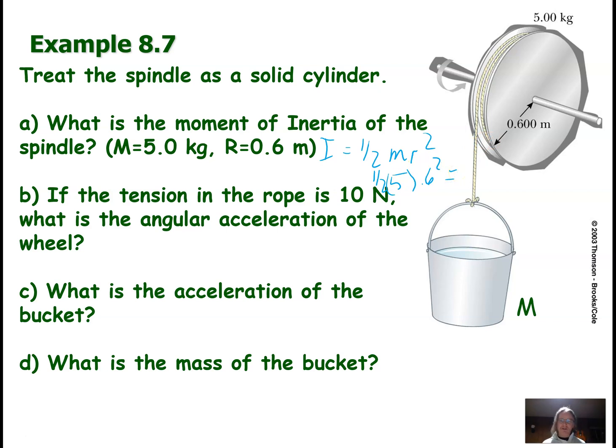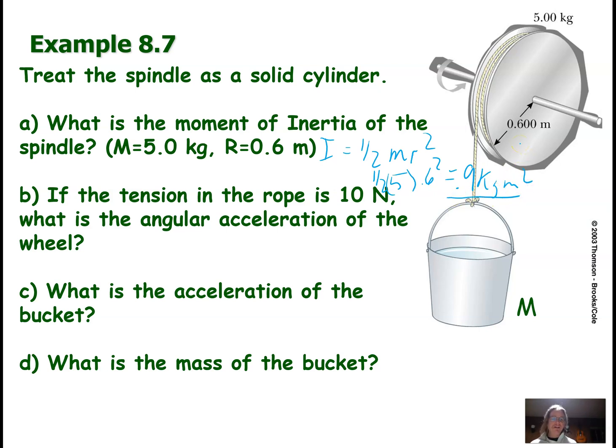So 2.5 times 0.6 squared equals about 0.9 kilogram meter squared for that. We're going to need that in a moment.